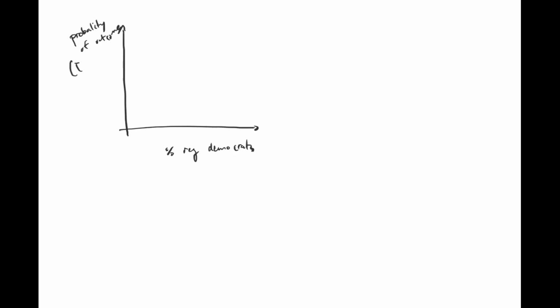When we drew the probability chart, this is percent registered Democrats, and then probability of outcome, which in this particular case is Democrats winning.